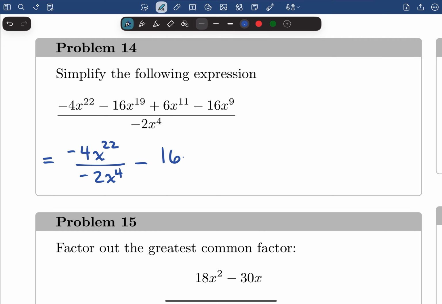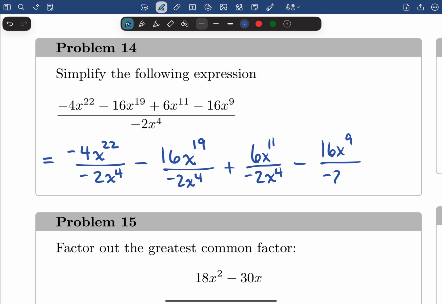And then we're going to take the next term and divide out the monomial, then the next term, and then the last term. All right, so this is the process, and let's just go one at a time.